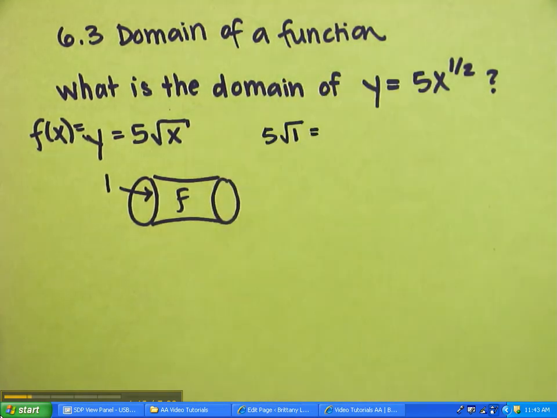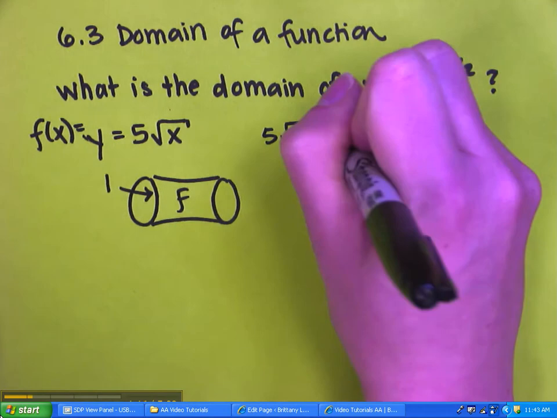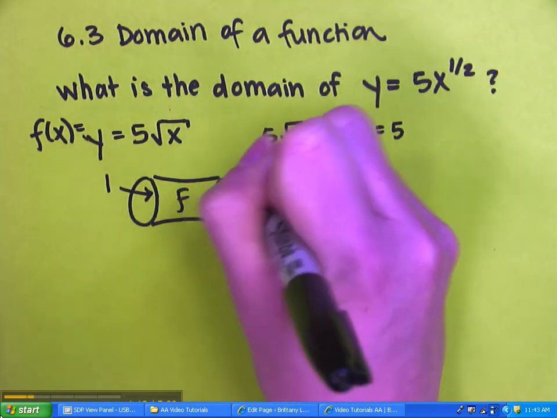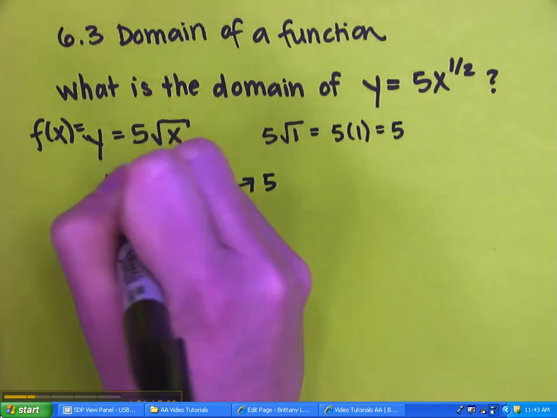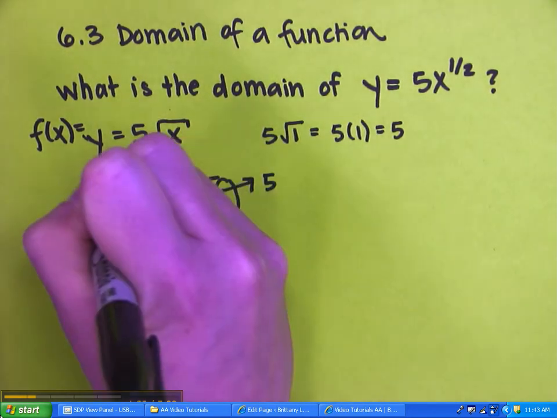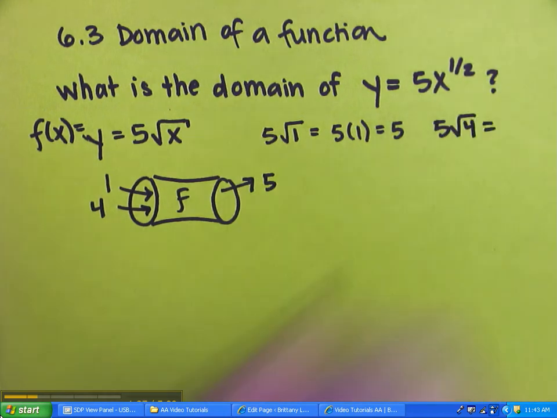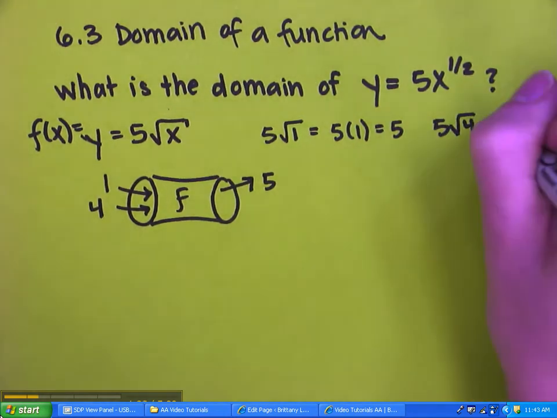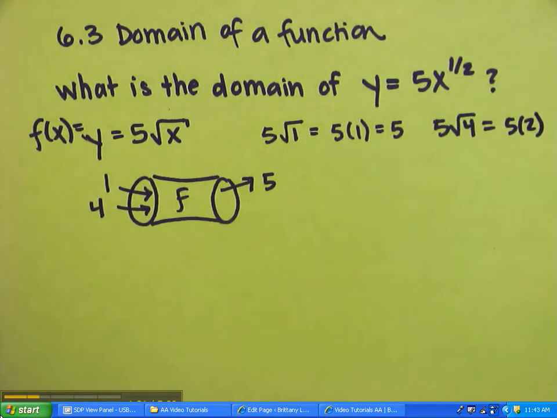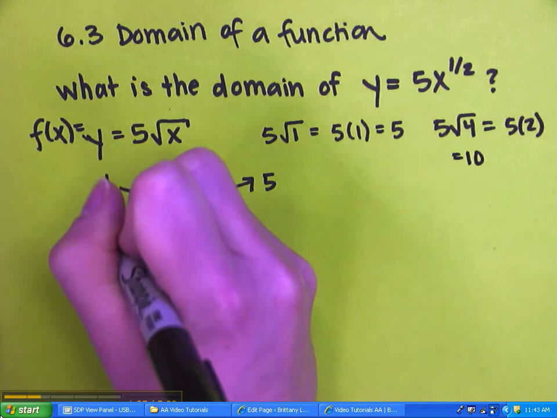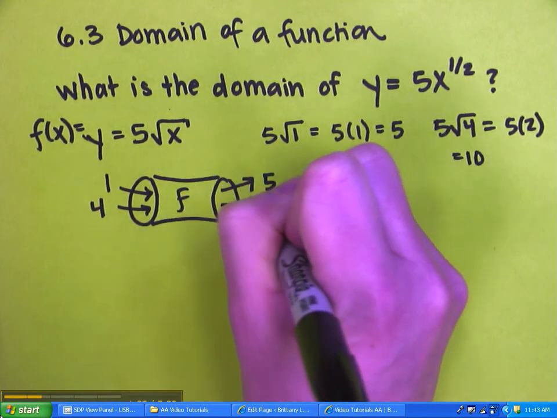The square root of 1 is 1, and so obviously our output is going to be 5. If I plug in 4, I would do 5 times the square root of 4. We know the square root of 4 is 2, so I have 5 times 2, and obviously 5 times 2 is 10. So if I plug in 4, what I'd be getting out is 10.